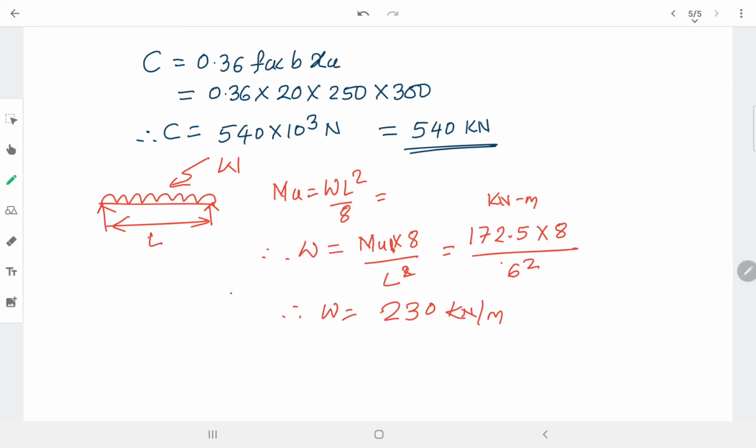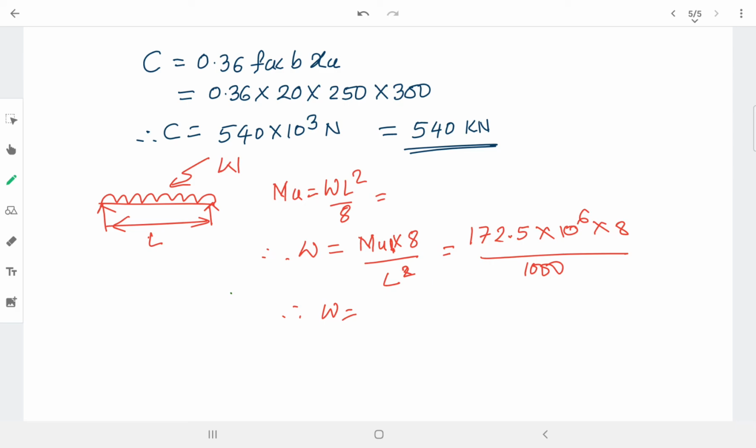So 172.5 is this one, or you may calculate. If you find difficulty, you do one thing: keep all the values in Newton and mm, and divide by 1000.